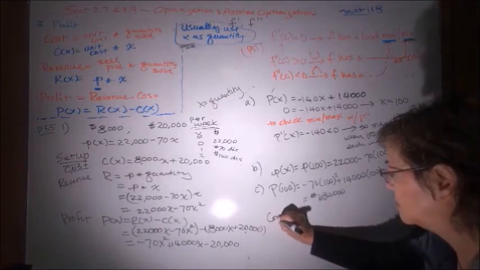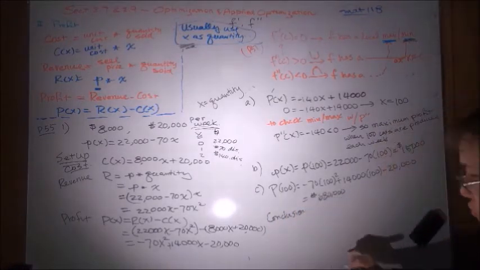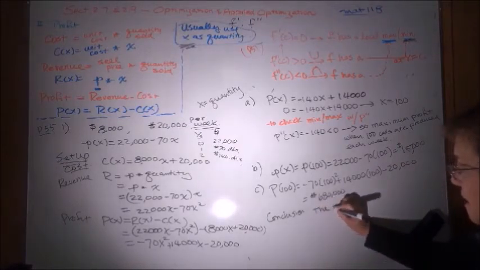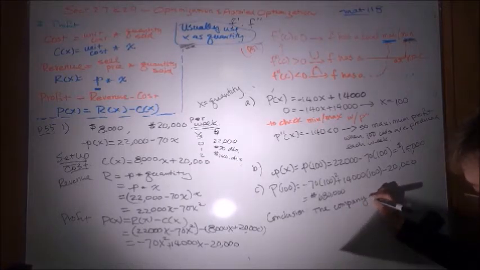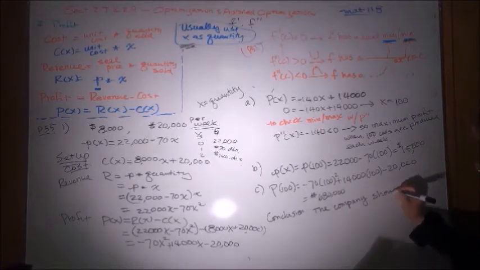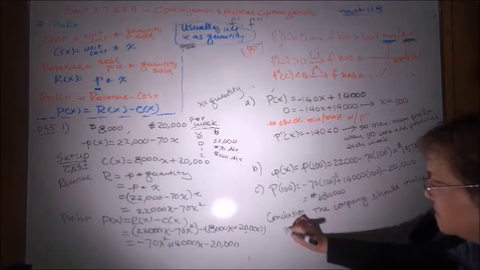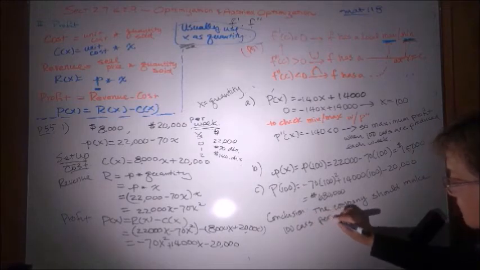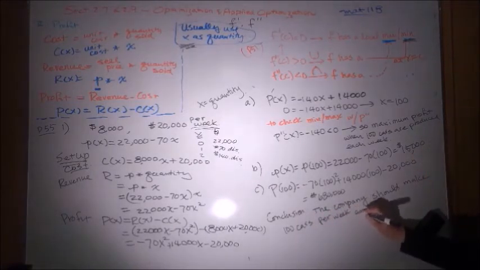So let's write it in words. So what's the conclusion? Okay, so with this kind of thinking, the company should try to make 100 cars per week, right? And sell how many?